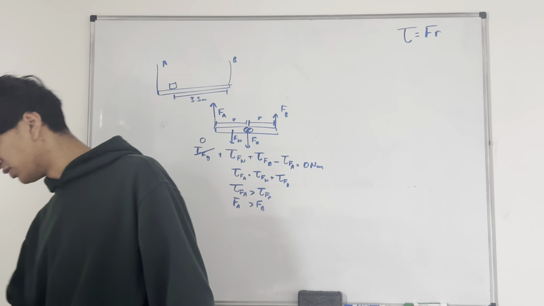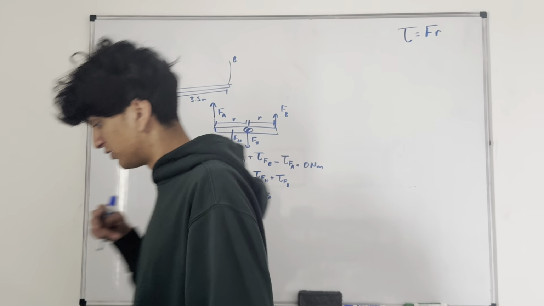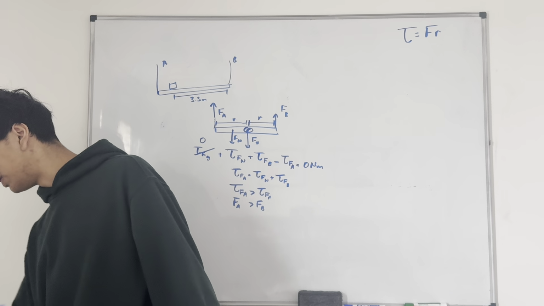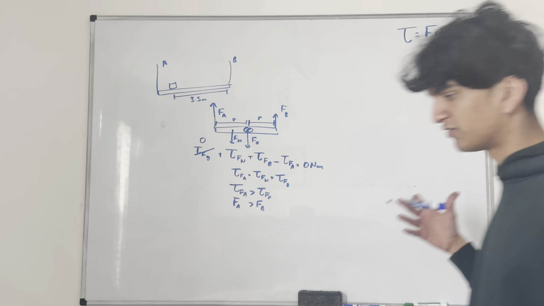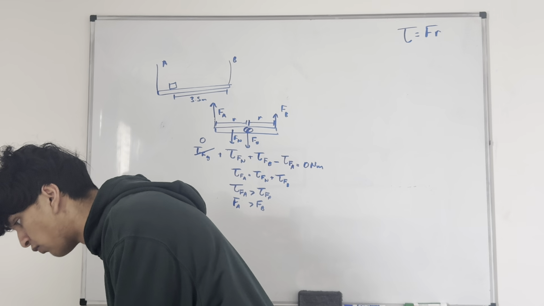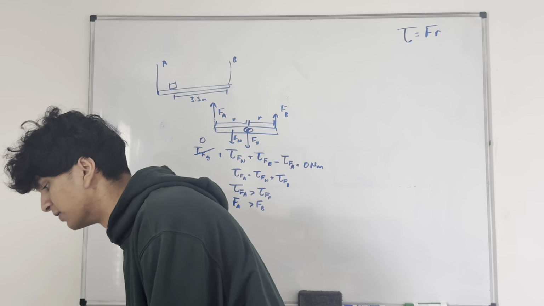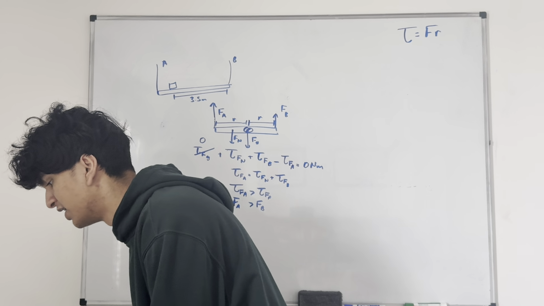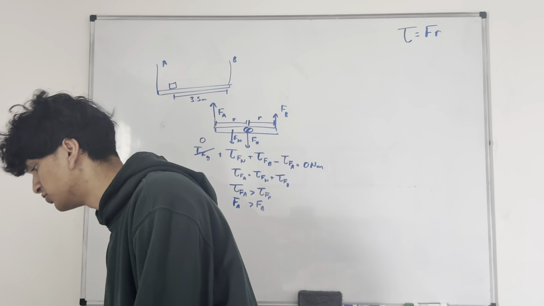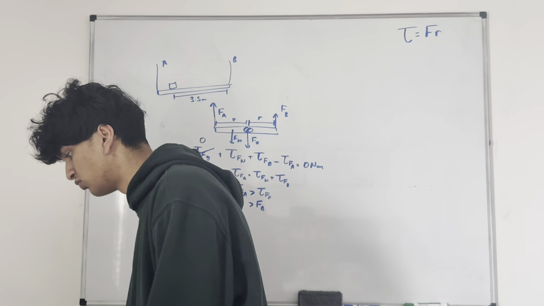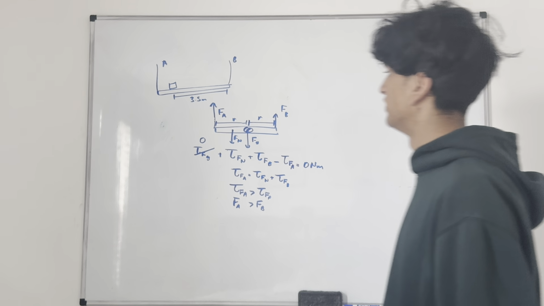Really quickly though, determine the force exerted on a 300 Newton board with two wires A and B if the box has a mass of 15 kilograms. So the box has a mass of 15 kilograms, and I've got to determine the force exerted on the 300 Newton board by the two wires A and B. So I've got to find each force basically.